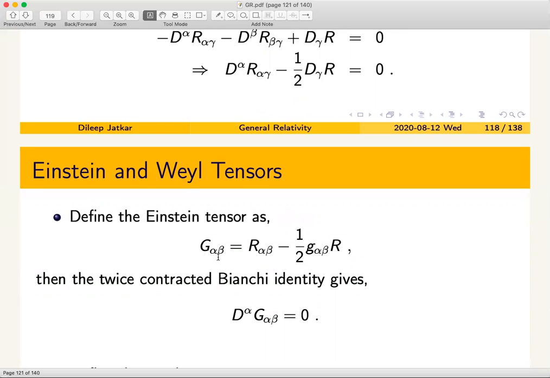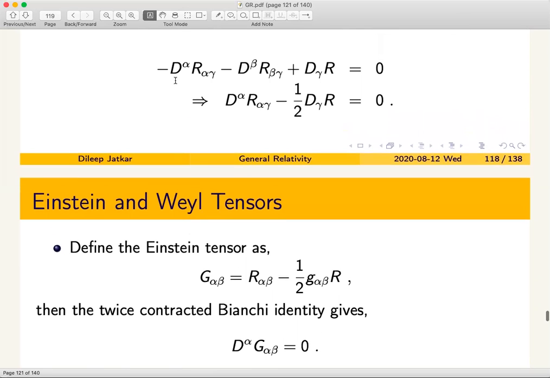But if you take a covariant derivative of the Einstein tensor, if you contract the indices in this particular fashion, then you will find that D alpha of G alpha beta is equal to 0, which directly follows from this differential Bianchi identity that we have derived.